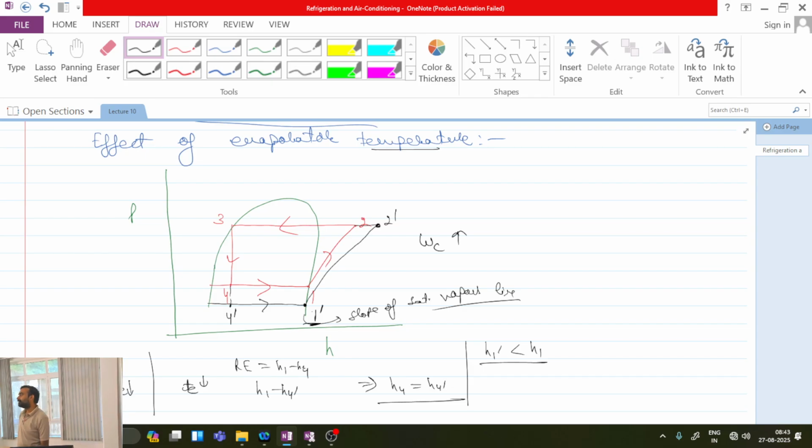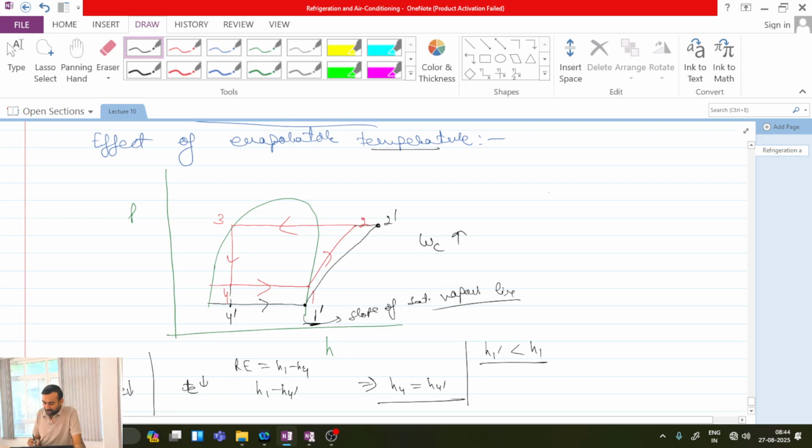Increase or decrease? With decreasing temperature, density increases and specific volume decreases. So specific volume is decreasing. What will happen to the volumetric refrigeration effect?